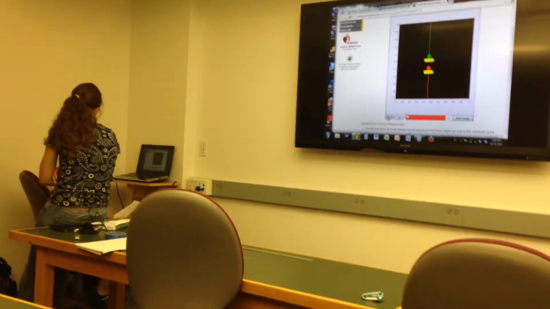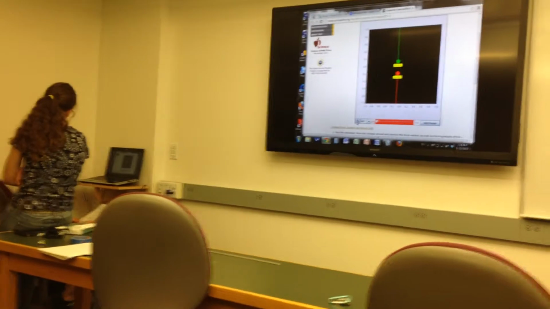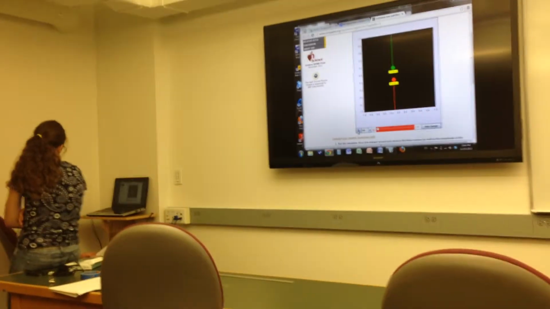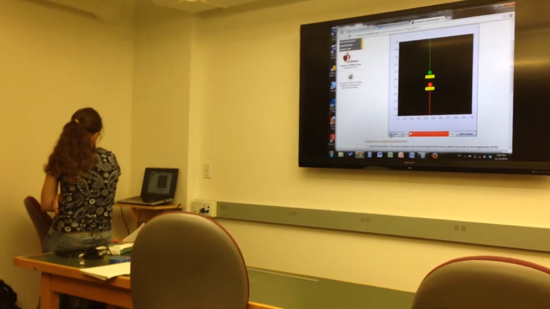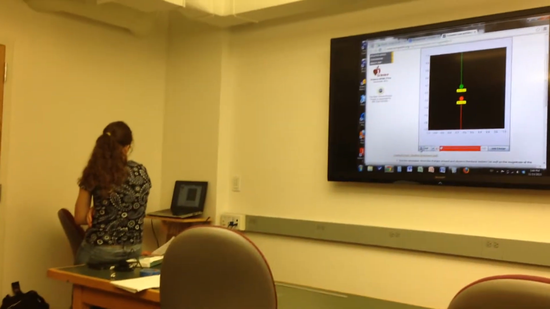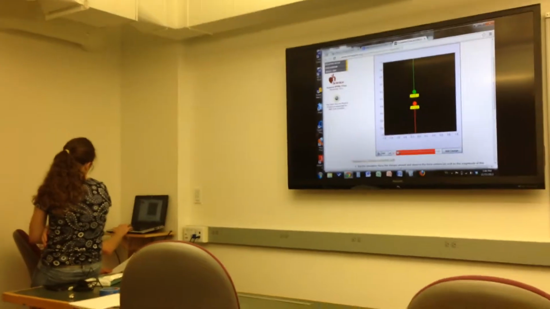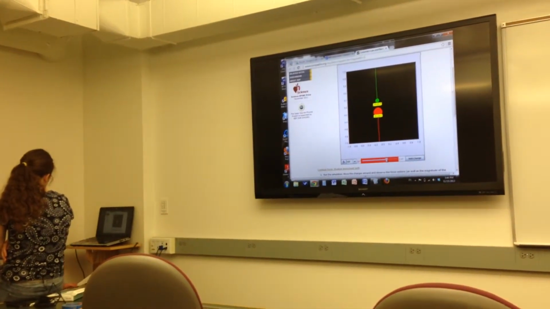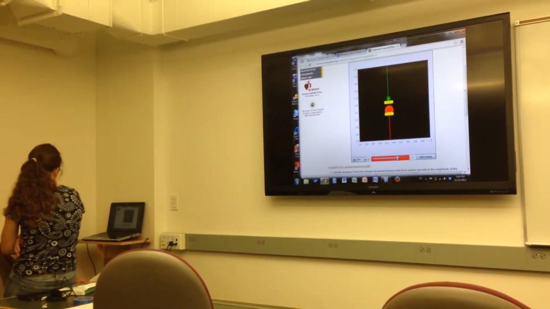How does the force on the red charge compare to the force on the green charge? Wait, same force. Now use the red slider, change the charge on the red charge. Force stays the same. So they both get bigger at the same rate.